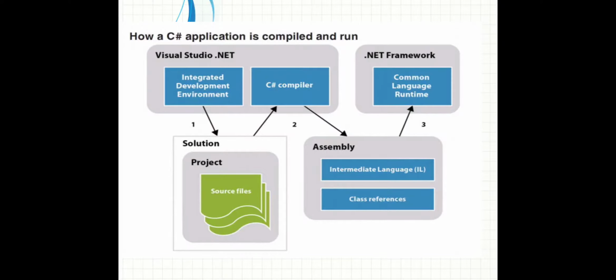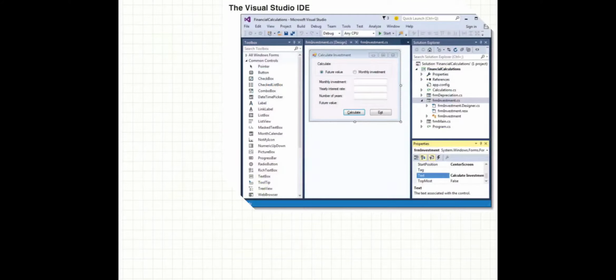Here you can see the IDE. This is the IDE, Visual Studio. The Toolbox is there. In the middle there is the Windows form, and on the left-hand side the Solution Explorer is there.